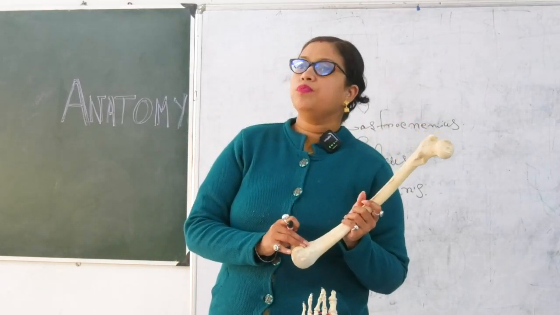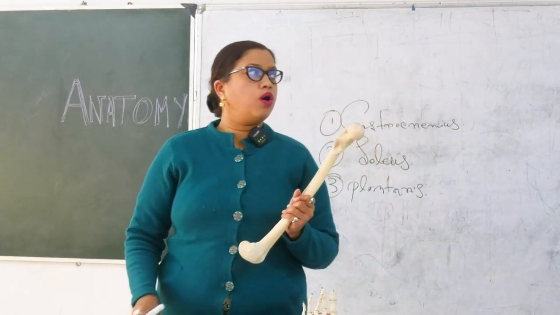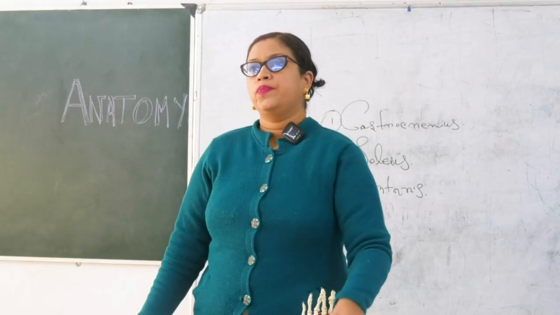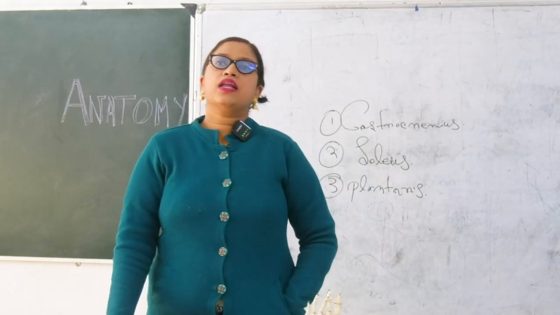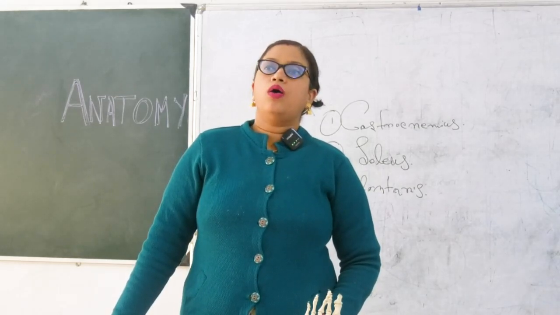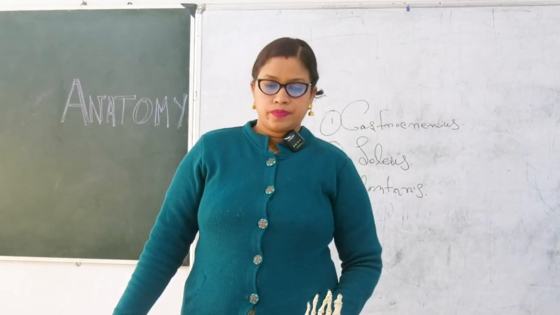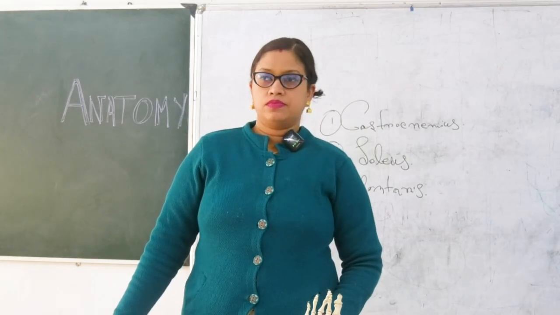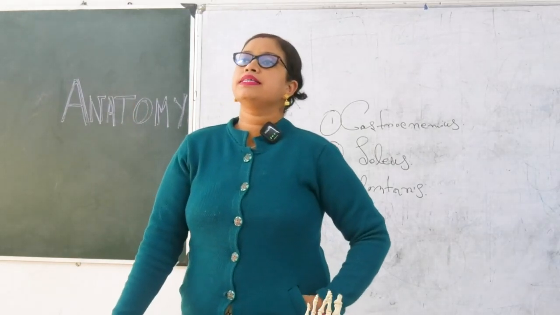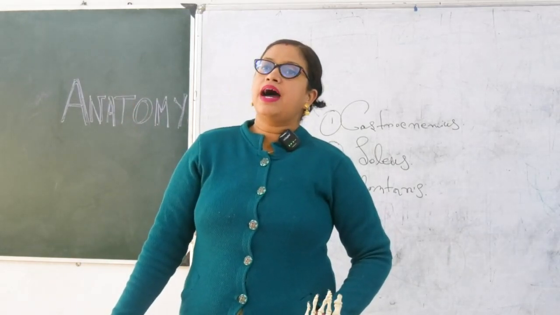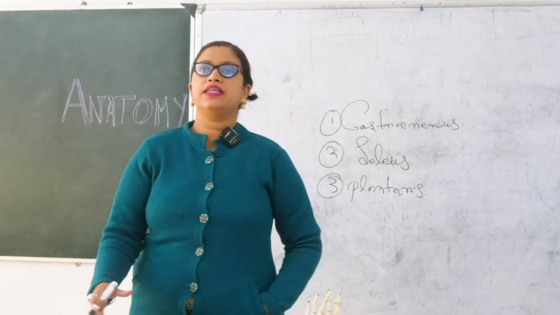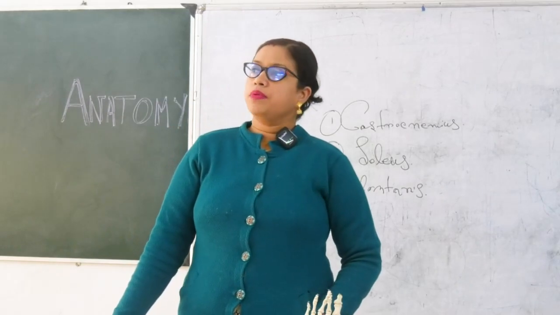Write it down: posterior superior aspect of the medial condyle of the femur. Insertion I will tell you later. This is the larger part, much larger than the lateral head of gastrocnemius.